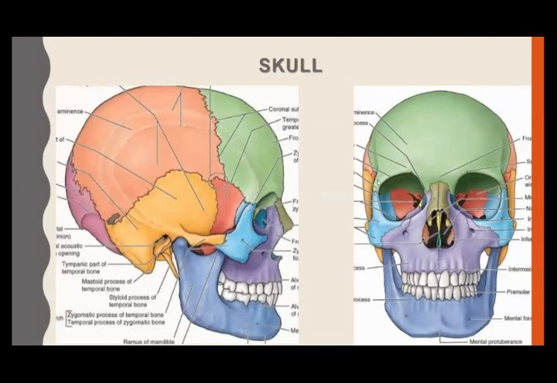And this is the frontal bone, which is articulating with the zygomatic bone. So this is the zygomatic process of this bone, which is frontal bone. Is it clear so far?